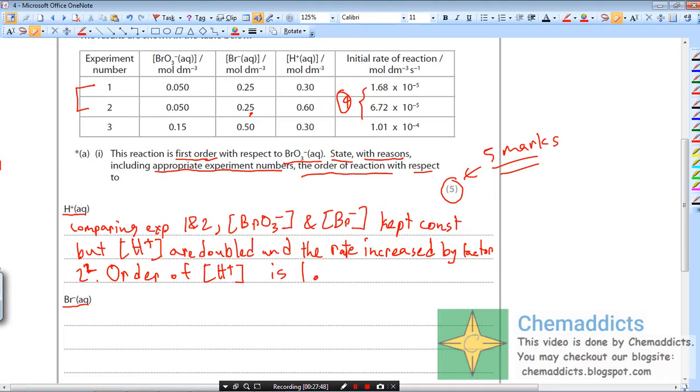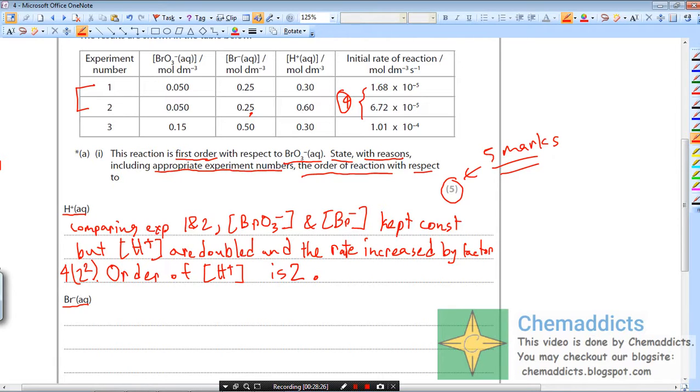Aha, I have made a mistake over here. My bad. Here the rate is 4 times. Sorry. 2 to the power 2, which is 4. So here the H plus ion is doubled and the rate is also increased by the factor 4. So we can say that the order for H plus is 2, not 1. Damn, I'm making so many mistakes. Now it is correct.